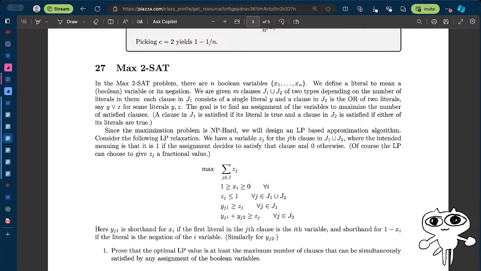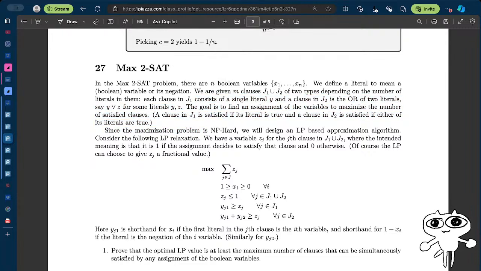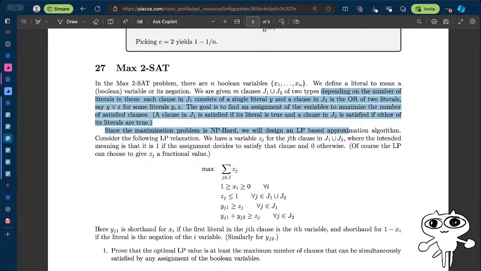Each clause in J1 consists of a single literal, and a clause in J2 is an OR of two literals. The goal is to find the assignment of variables. Since this is a maximization problem that is NP-hard, we will design an LP-based approximation.